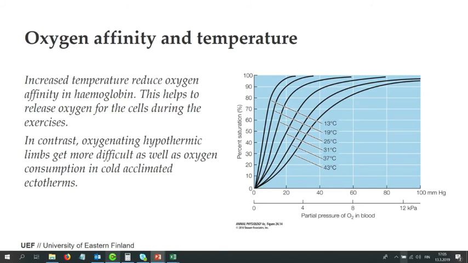But then we have a problem with hypothermic limbs: when we reduce the temperature, there might be a problem getting enough oxygen there, or the oxygen is circulating but it's not released. And it can also be a problem for these cold acclimated ectotherms. When the whole body temperature is low, then the oxygen is just circulating.